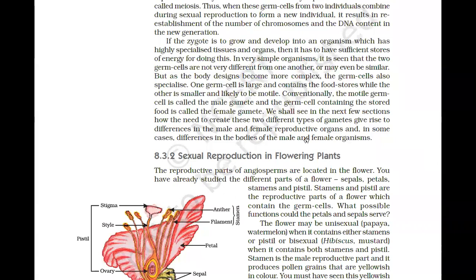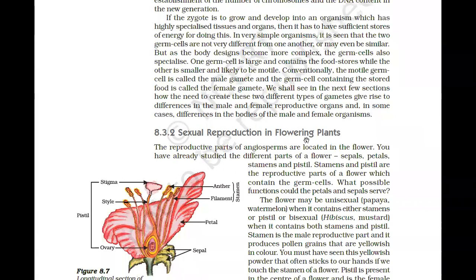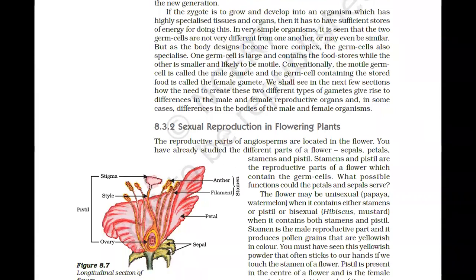If the zygote is to grow and develop into an organism which has highly specialized tissue and organs, then it has to have sufficient stores of energy for doing this. In very simple organisms, it is seen that the two germ cells are not very different from one another, or may even be similar. But as the body designs become more complex, the germ cells also specialize. One germ cell is large and contains the food stores, while the other is smaller and likely to be motile.